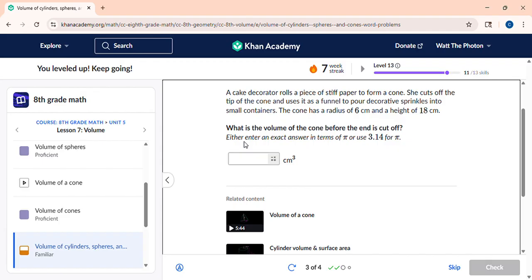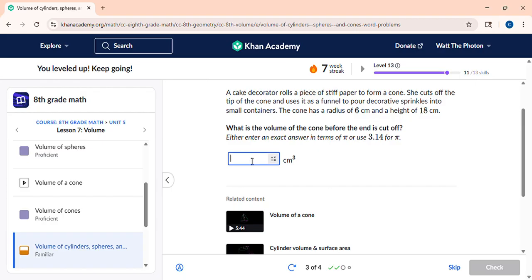So it's 1/3 pi r squared h. So we have 36 divided by 3 times 18 is 216.